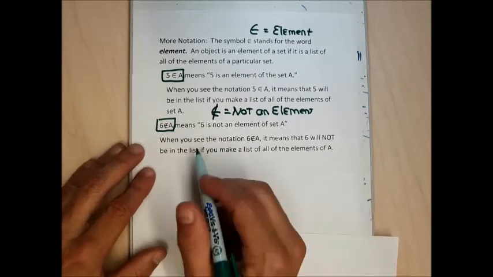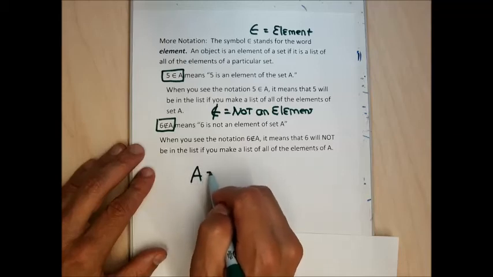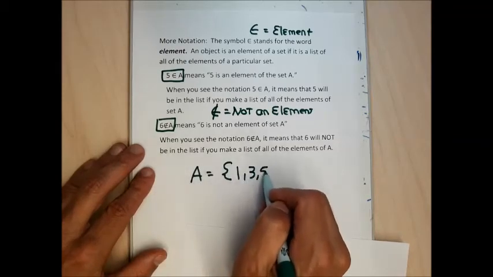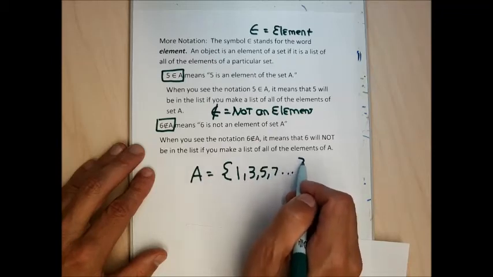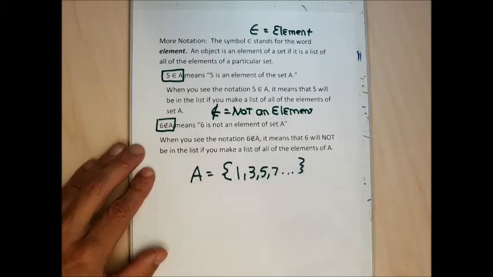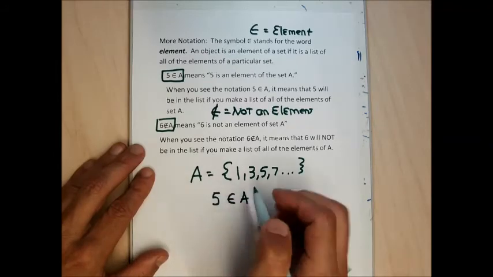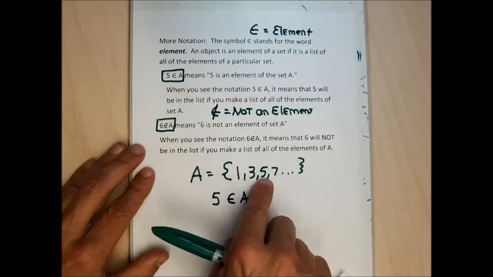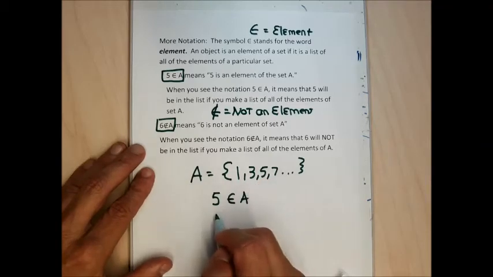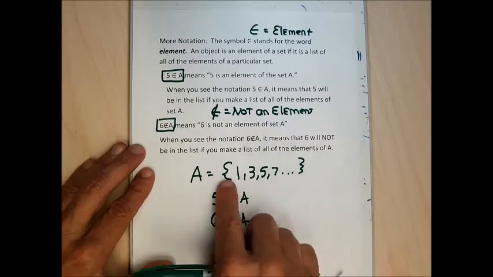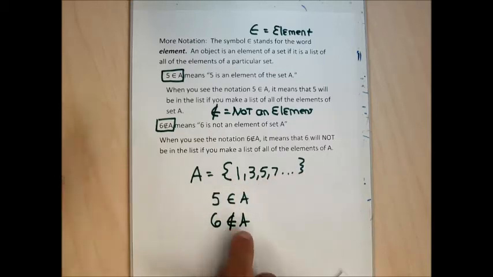Here's an example of a set that fits exactly this criteria. So if A was the set 1, 3, 5, 7, and so on, it would be perfectly correct to say 5 is an element of set A because it's a member of the set, and it would also be correct to say 6 is not an element of set A because in the listing of the elements of set A, 6 isn't in there.